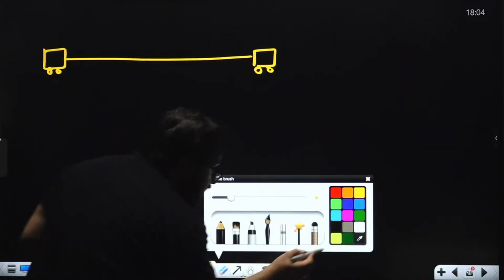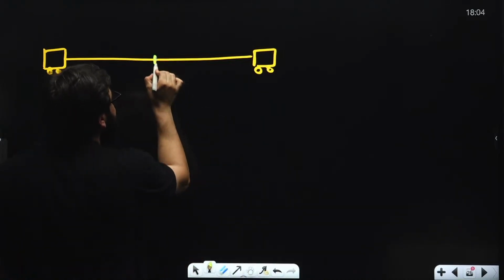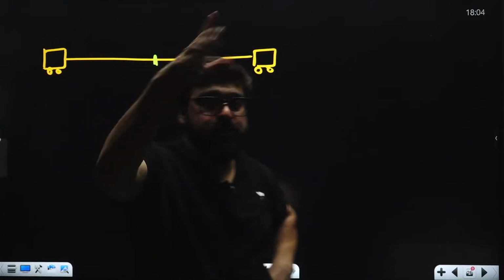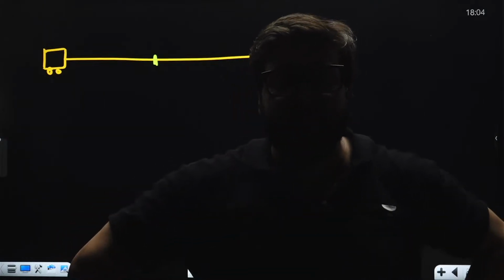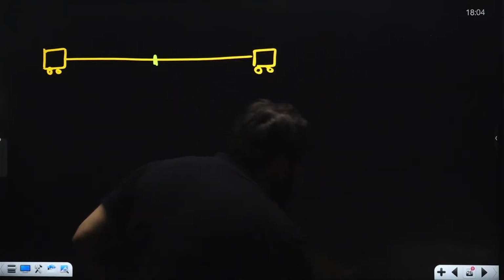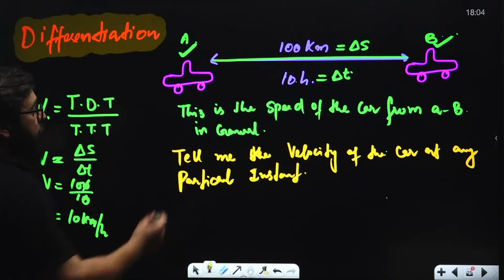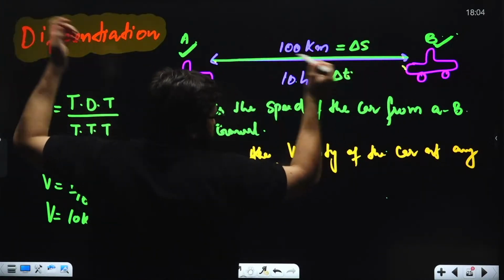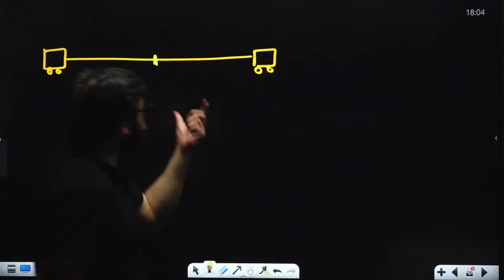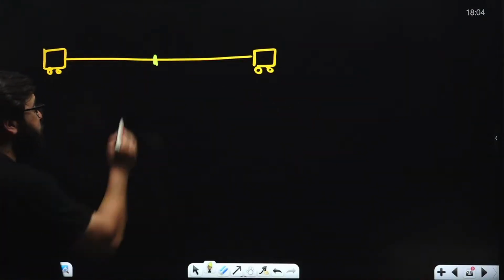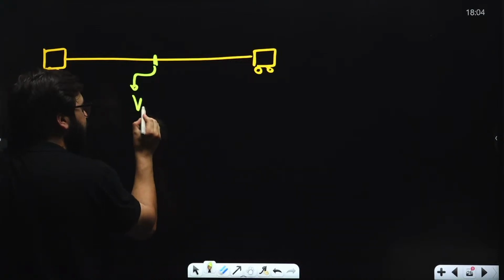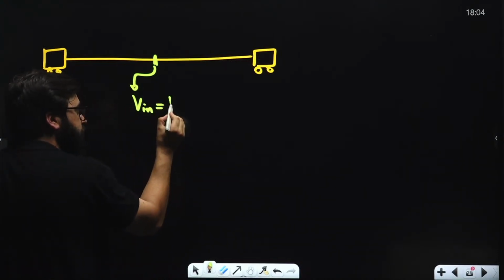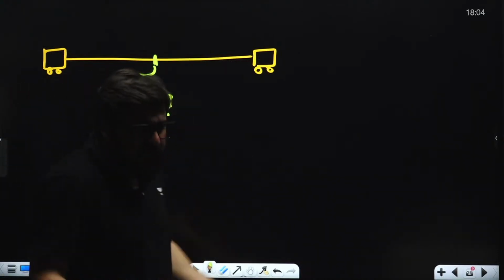But I am saying, when the car was exactly over here, what was the velocity? In case of the average, you said total distance traveled upon total time taken, delta S by delta T. Sir, what will you do in this particular case if you have to find the velocity at any particular instant? What is the velocity of this car?